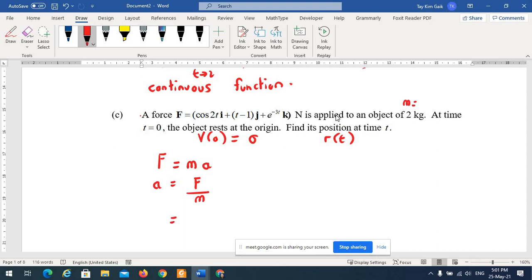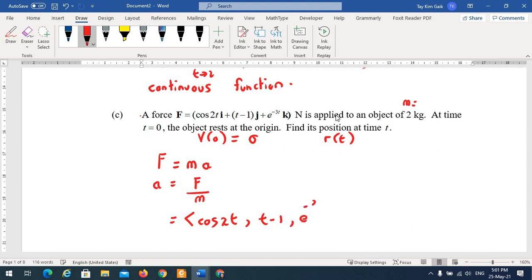Taking this F divided by m, I put the vector in this notation. I'm lazy to write ijk, so I put it in angle brackets: cos 2t, t minus 1, e to the negative 3t, divided by m which is 2.